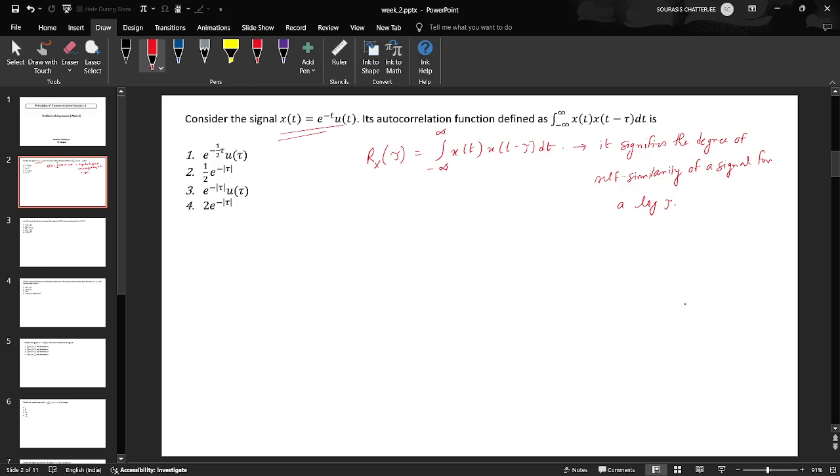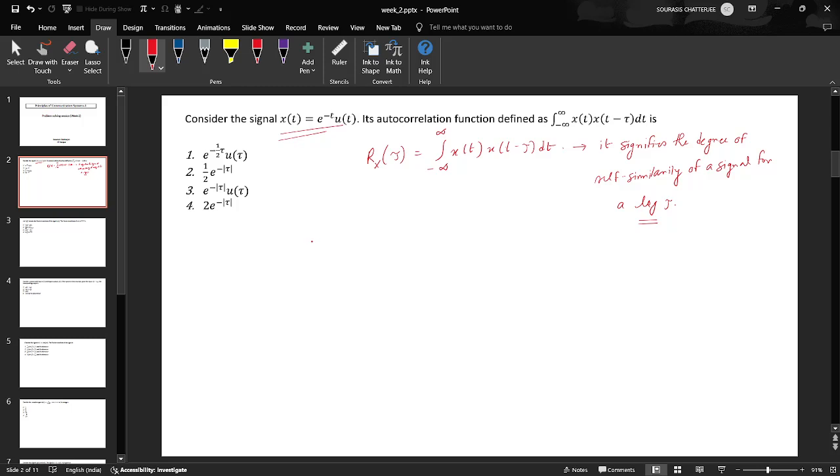So what do I exactly mean by that? Basically you have a signal x(t) and then you pick a shifted version of the signal. It may be lagging, it may be leading. By the way, when I say lag tau, that can go in both directions. The shifted version of x(t) can be leading or it can be lagging.